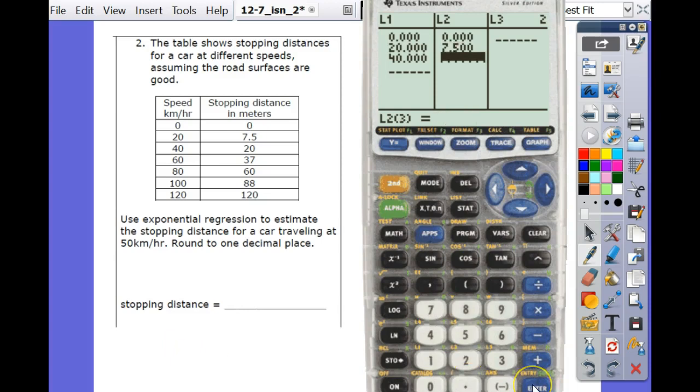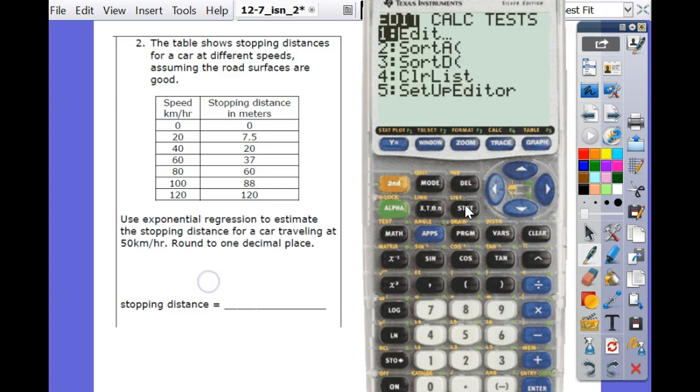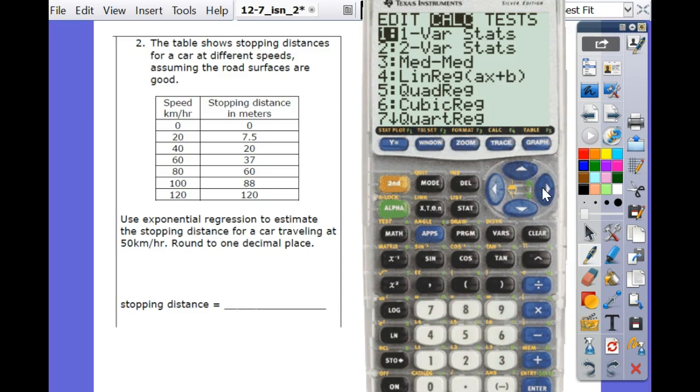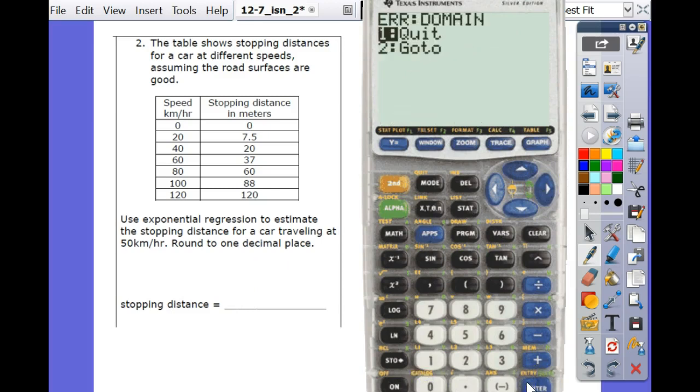But I do need several data points in here. So I put some data points in here, and I need you looking up here because I want you to see what happens. When I find the equation, stat, right arrow, 0, enter, it doesn't find an equation. It says error.